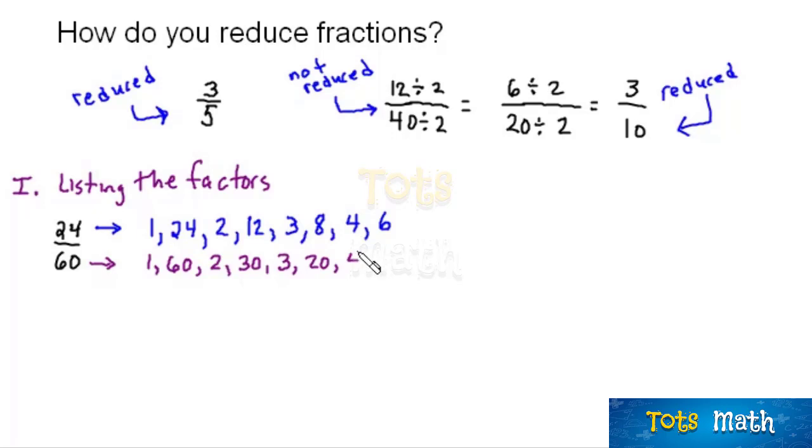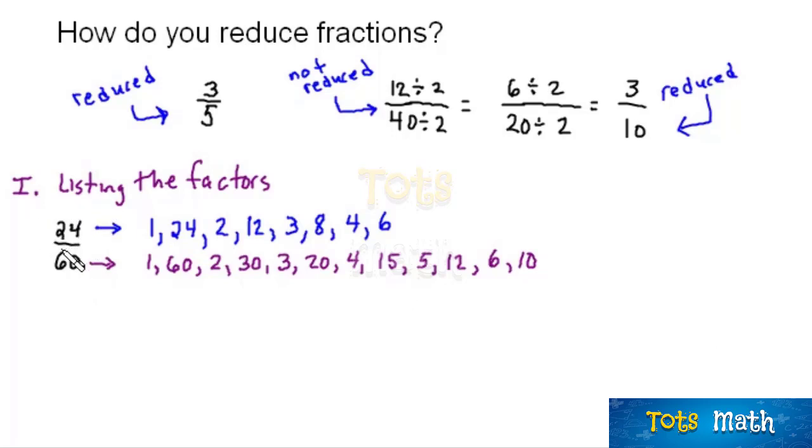It's also divisible by 4, and 4 times 15 is 60. Numbers ending in 0 or 5 must be divisible by 5, so 5 is a factor, and 5 times 12 gives us 60. And 6 is also a factor, and its partner is 10. And those are all the factors of 60.